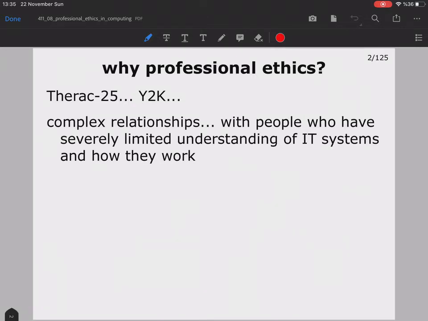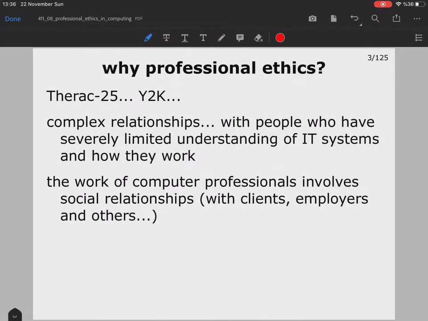Situations like TRAC 25 that we discussed in session 7, and for example the Y2K problem as well, all result from complex relationships with people, usually people who have severely limited understanding of information technology systems and how they work, because they're just common people, as we say.